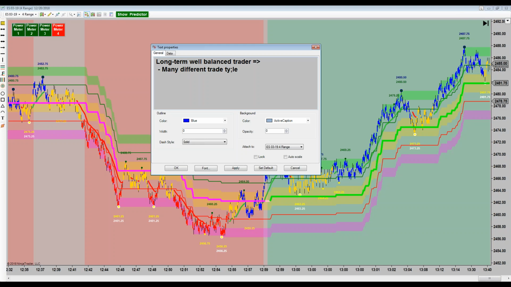What I mean by that is, as you grow and mature as a trader, you're able to pull into your trading repertoire many different trade types.